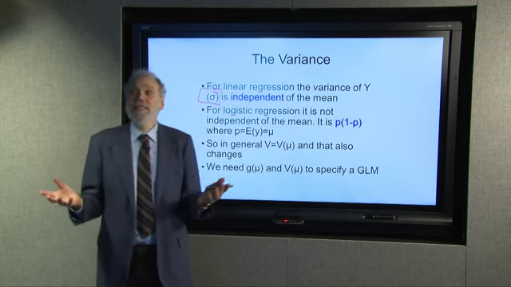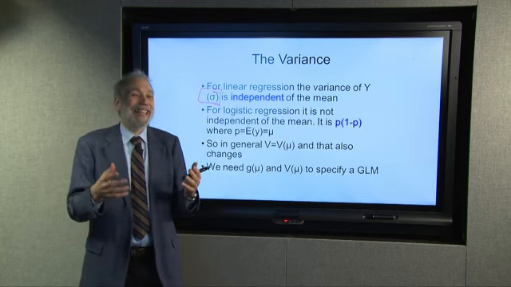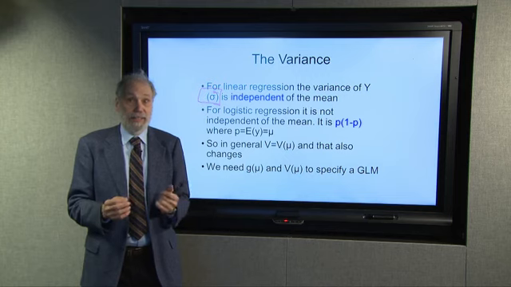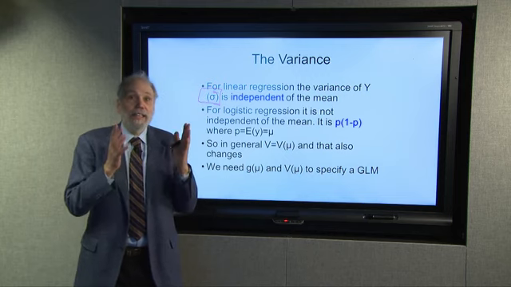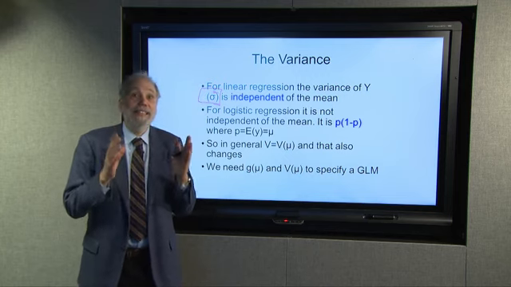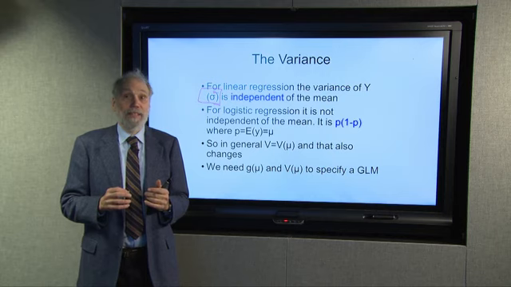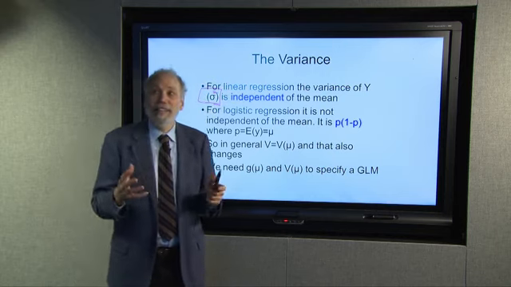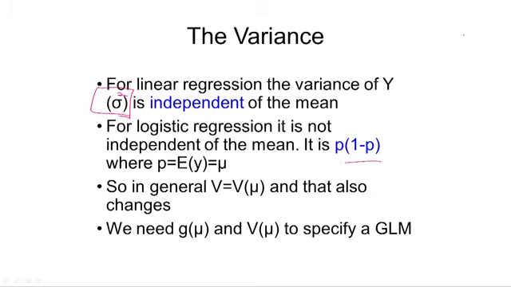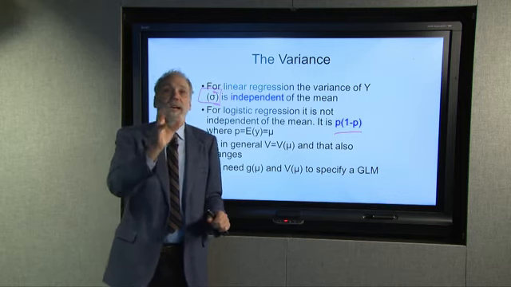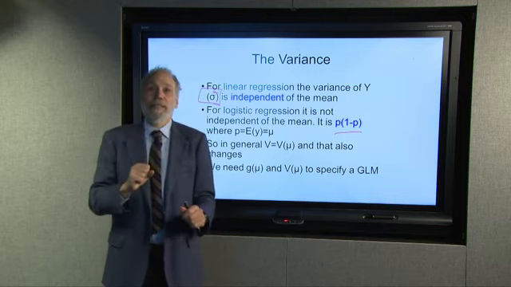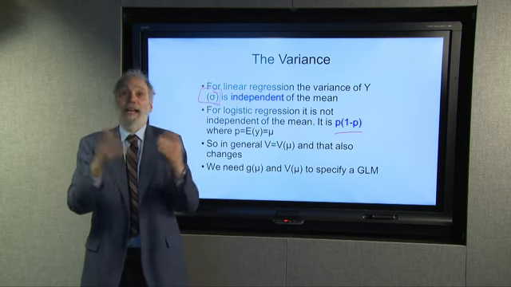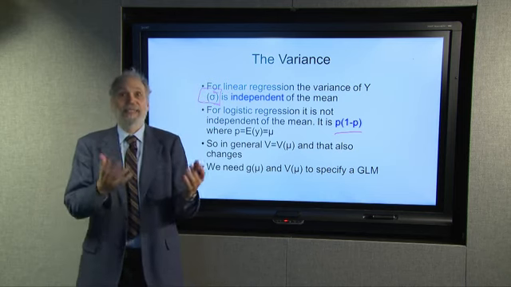Now, for logistic regression, and essentially any other kind of regression, the variance is not independent of the mean. The variance of a 0, 1 variable is p times 1 minus p. So let's think about that for a minute. Suppose I have a population and 10% of them have the outcome on average.